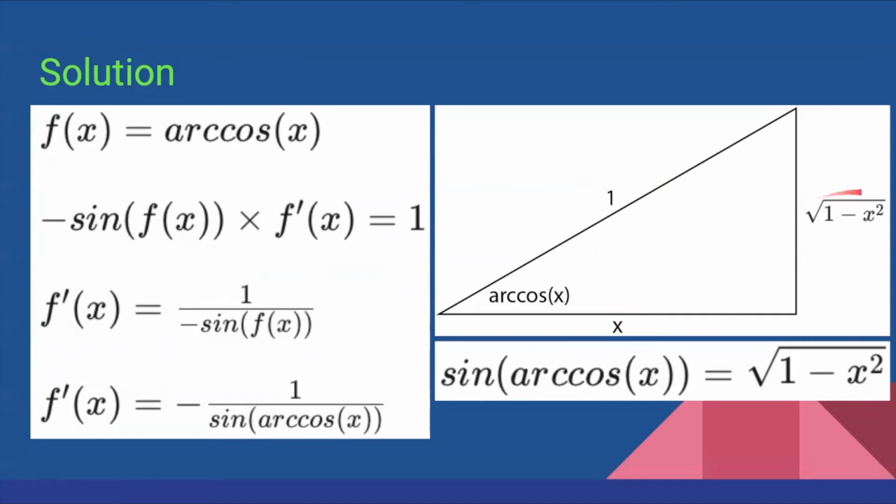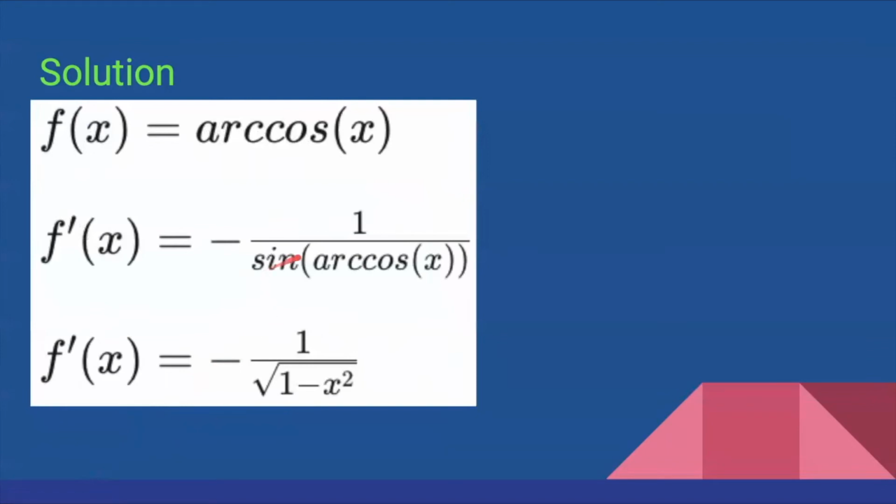And then this side right over here, you can determine that it's equal to the square root of 1 minus x squared. All right, and then sine of this angle right over here is just the square root of 1 minus x squared. All right, so we determine this value right over here. So we plug that in, and we get that the derivative of arc cosine of x is negative 1 over the square root of 1 minus x squared.